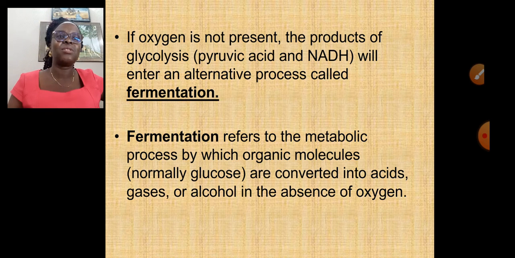Now if oxygen is not present, of course, we have said it, the product of glycolysis, which is pyruvic acid, will enter into an alternative process, and that process is called fermentation.